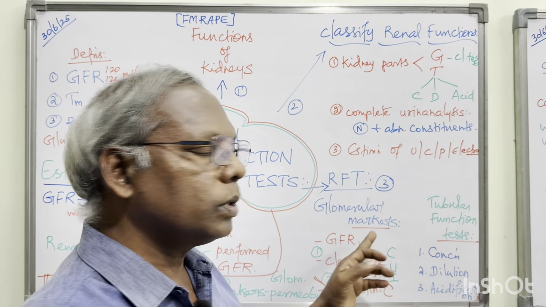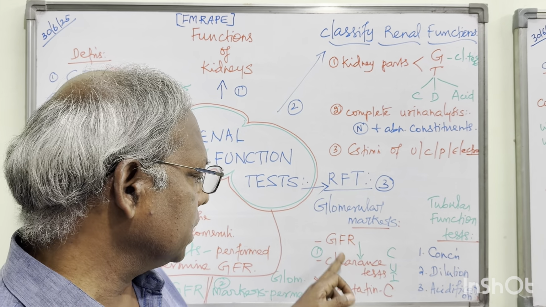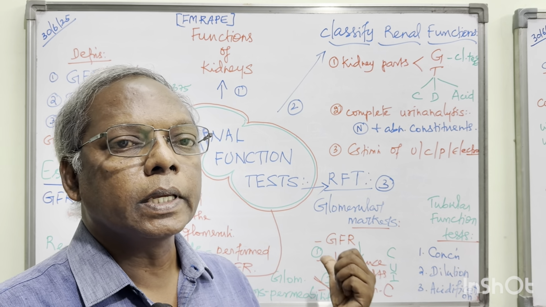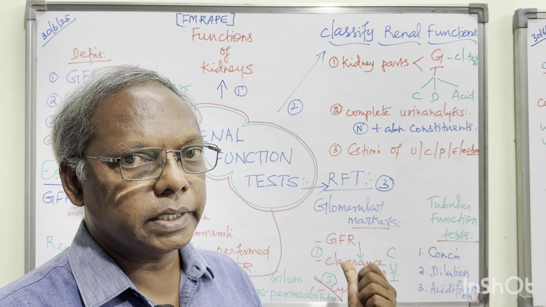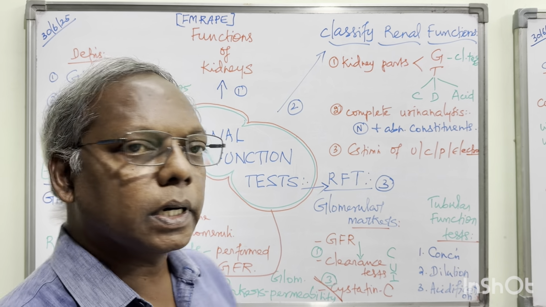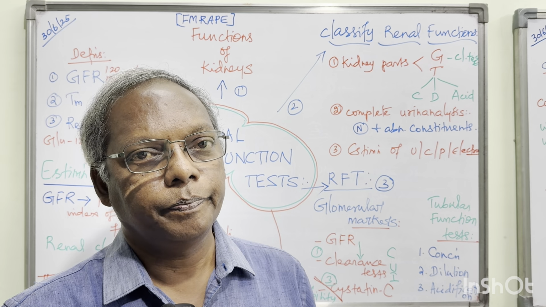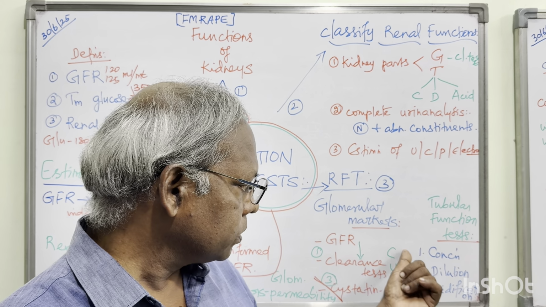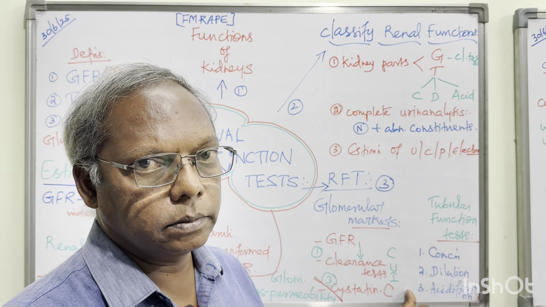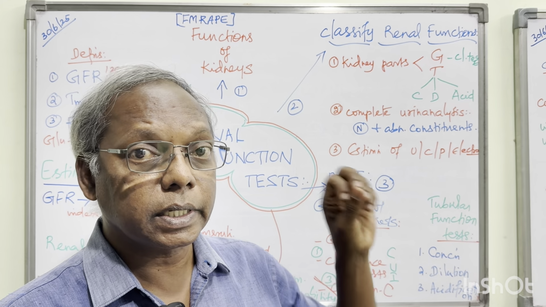For glomerular markers, first you have to mention clearance tests, because this is the test for the GFR, glomerular filtration rate. Second one is markers of glomerular permeability. Clearance tests means we have three: creatinine, urea and inulin. Today I am going to discuss creatinine only.